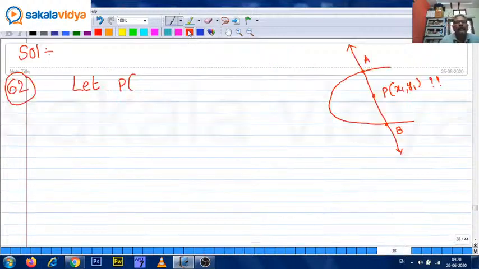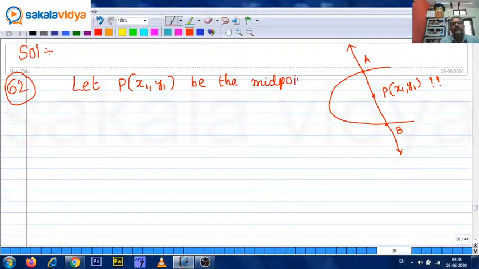Here, see, let P (x1, y1) be the midpoint of AB. So that means now we can find the equation of AB.